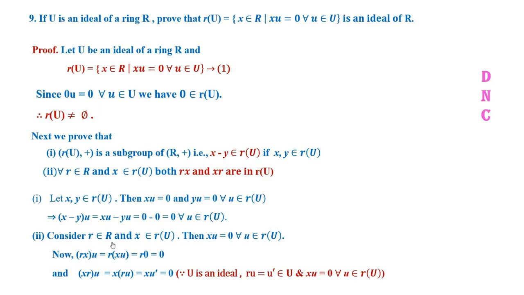Next, consider r in R and x in R of U. We have to show that both rx and xr belong to this R of U, for which rxu and xru should be shown as 0.